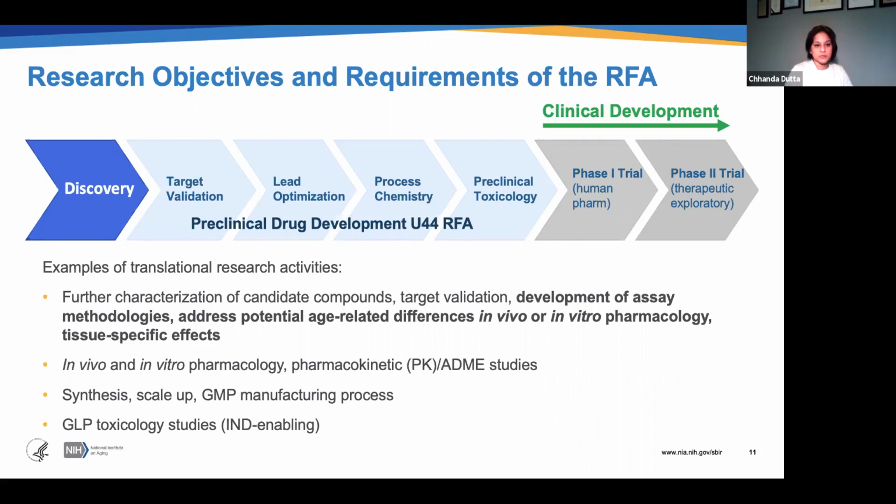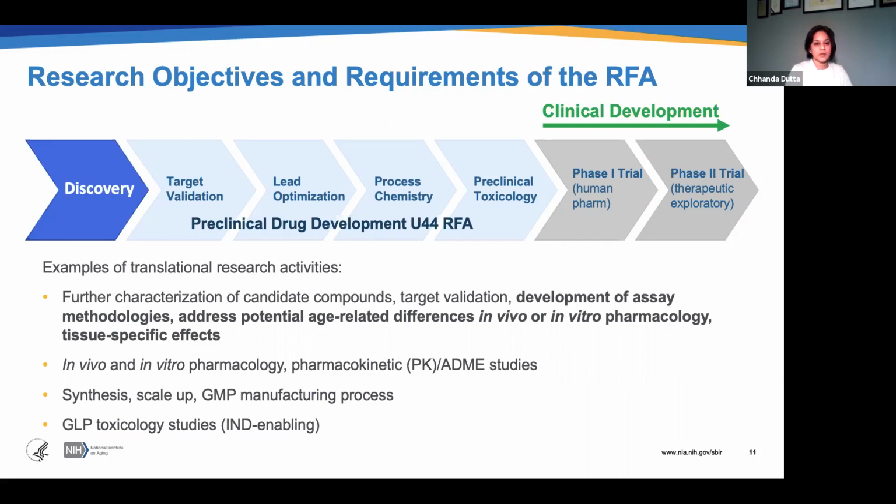So in this figure at the top, we have the discovery section, and the NIA has different FOAs for supporting discovery types of studies. And we also have different FOAs to support the clinical development. However, this U44 RFA is really intended to support the kinds of studies that are needed for these geroscience-based compounds in the preclinical drug development pipeline.